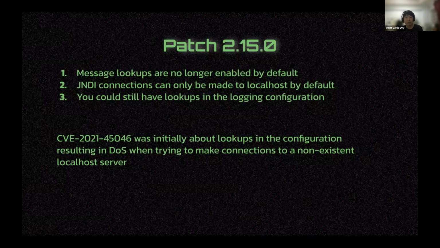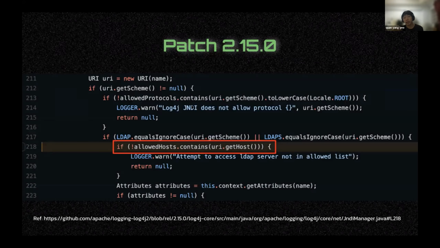You make a lookup to a localhost server, and while doing that, you consume some resource, either socket resource or some time on the CPU, which results in a denial of service, right? But then we know that this was eventually bypassable.